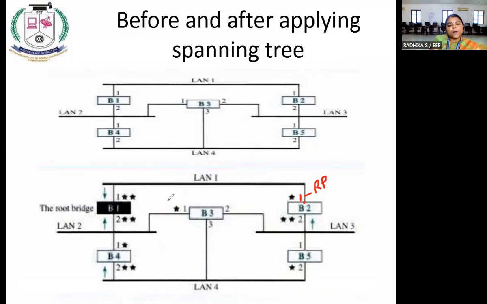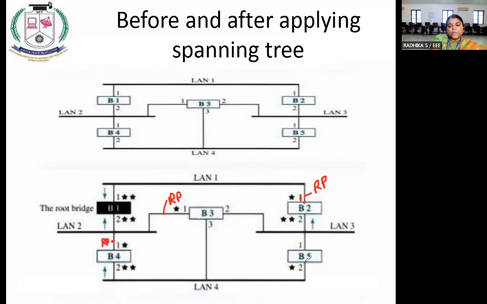So I mark port 1 as the root port. Likewise, for B4, it is very obvious that you can reach the root bridge more easily from port 1 of bridge 4 than port 2. So I mark this port as the root port for bridge 4.